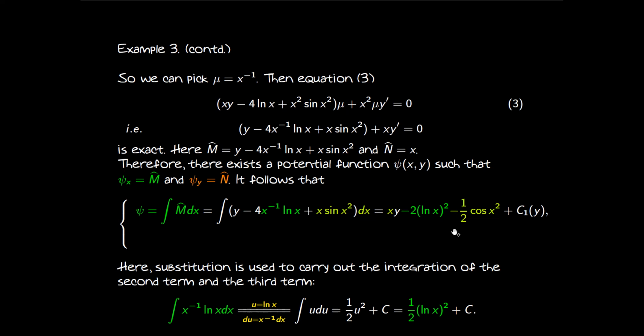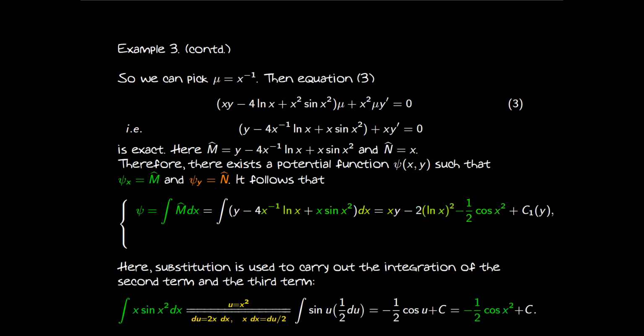Now, for the third term, we also need to do substitution. For this case, we understand the troublemaker here is going to be x squared, right? Yeah, sine x squared, x squared will be the troublemaker. So we will just let this part be the new variable u. And then we know that du is going to be twice x dx, so that x dx will be half of du.